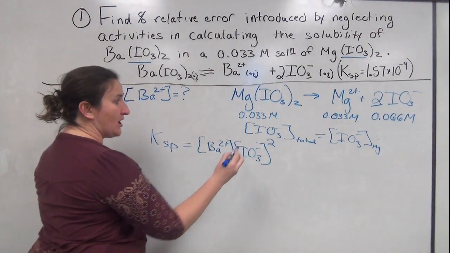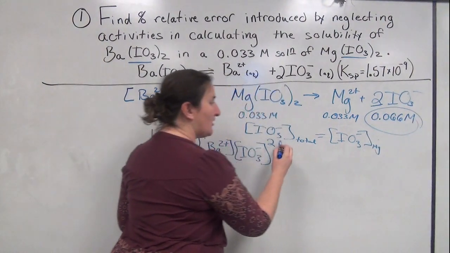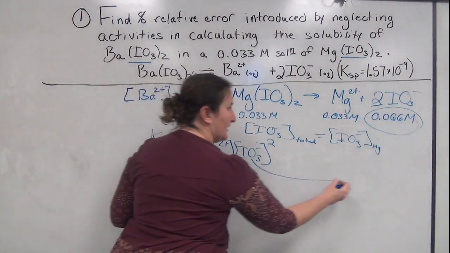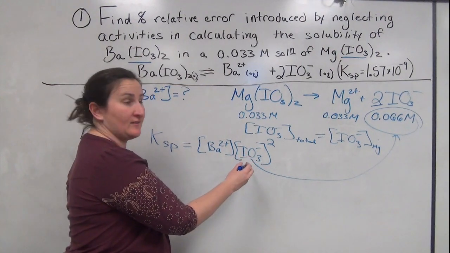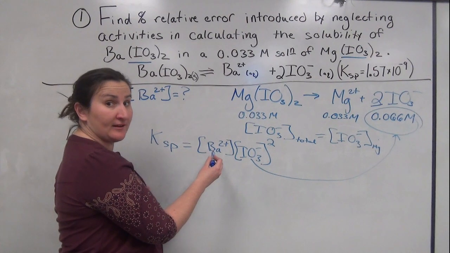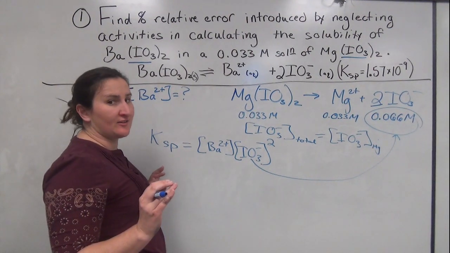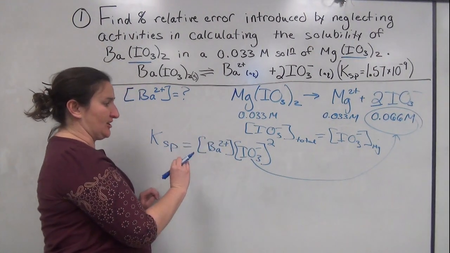But now I know what my iodate is because I just determined it. My total iodate in my solution comes mainly from my magnesium. So I know my KSP, I know my iodate, now I can just solve for barium. I haven't incorporated the activity or the ionic strength in the slightest. I've just looked at direct concentrations.